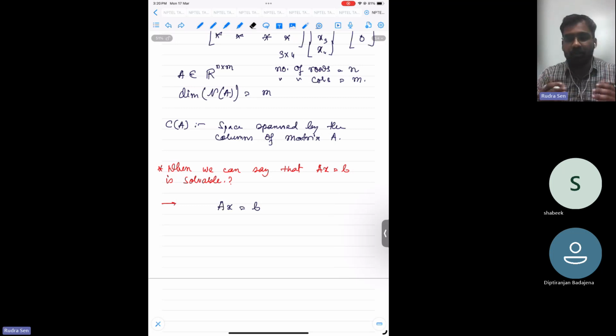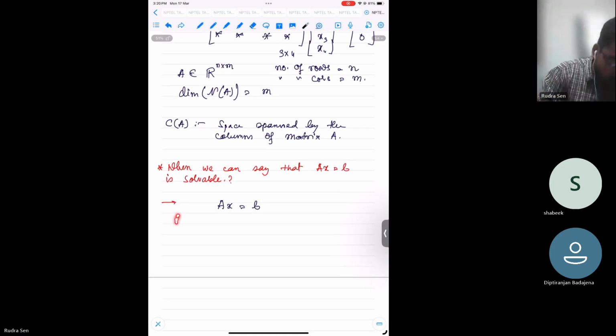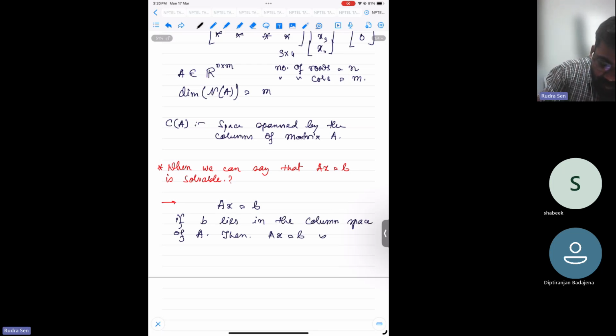We have studied projection on a line, but here I will talk about projection on a space, just to clear this thing. If b lies in the column space of A, then Ax equals b is solvable.